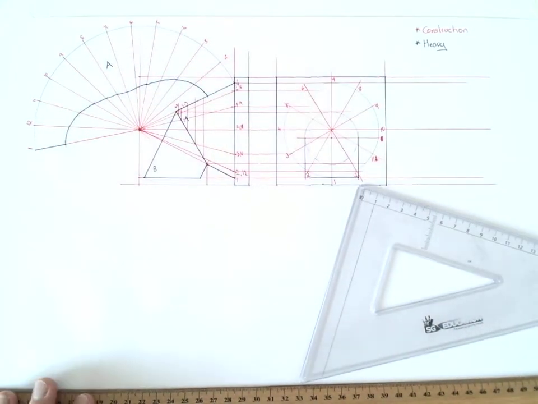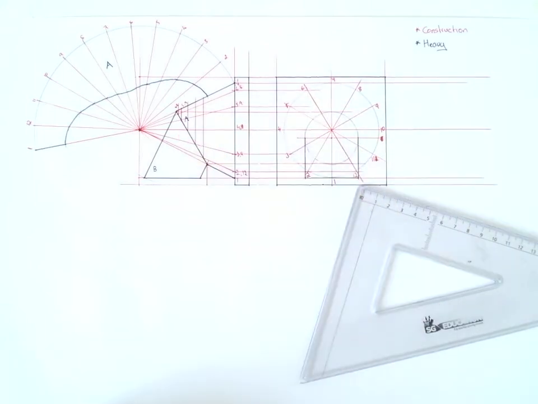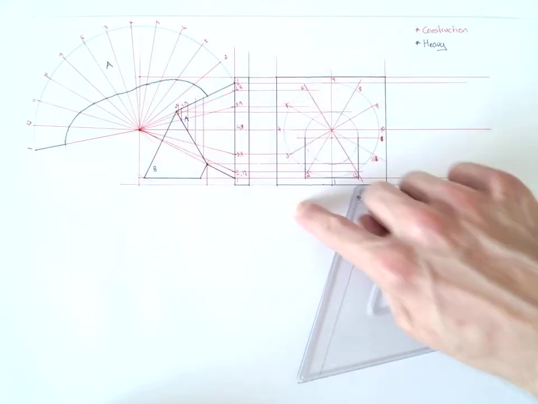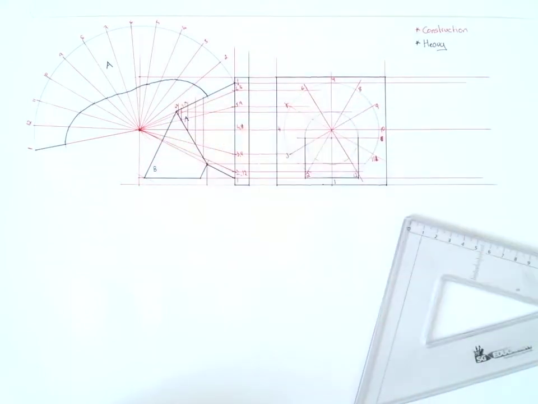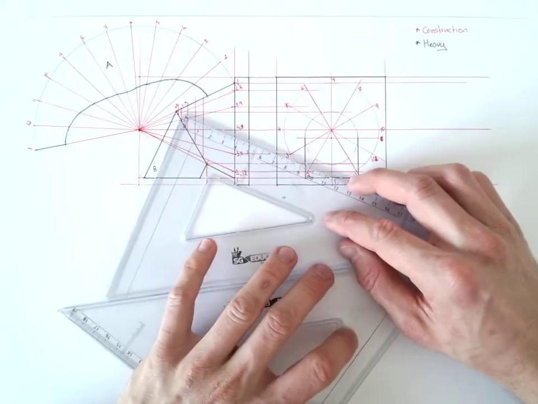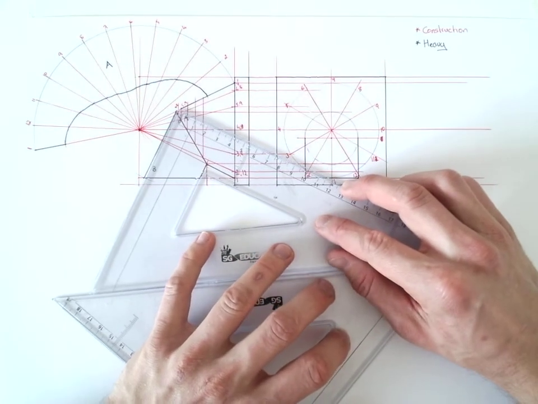Now we need to develop the cylinder. So what we'll do is project perpendicular to one of the edges, this longer edge, sorry. We'll use sliding set squares. This is the development of the cylindrical surface.